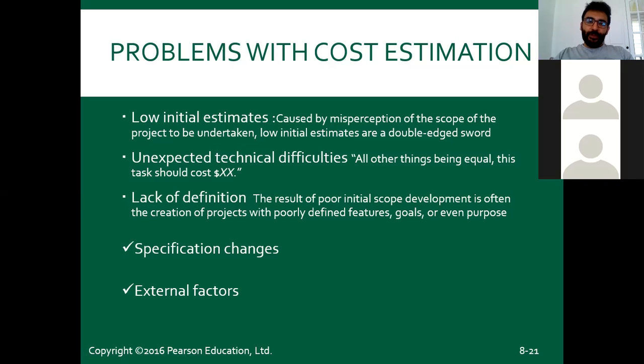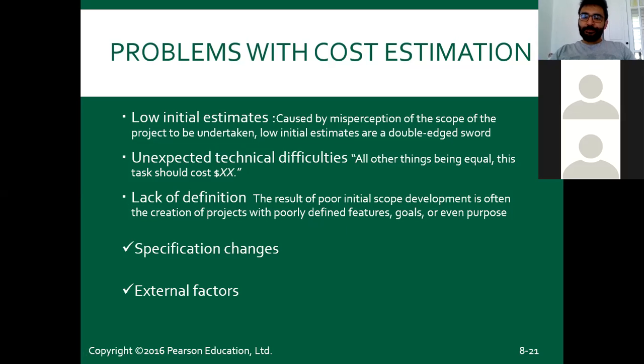Then lack of definition. The result of poor initial scope development is often the creation of projects with poorly defined features, goals, and even purpose. For example, you missed some of the goals, some of the purposes, some of the activities that you need to do. But when you start the project, you realize that there are additional activities that you need to handle.